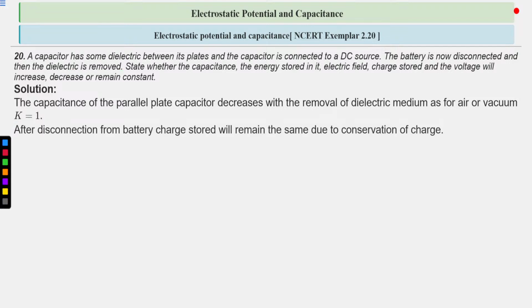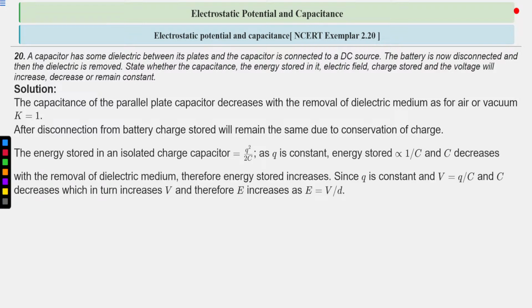After disconnection of the battery, the charge stored will remain the same, due to conservation of charge. Charge will not change after the disconnection of the battery. The energy stored in an isolated charged capacitor is Q square by 2C.